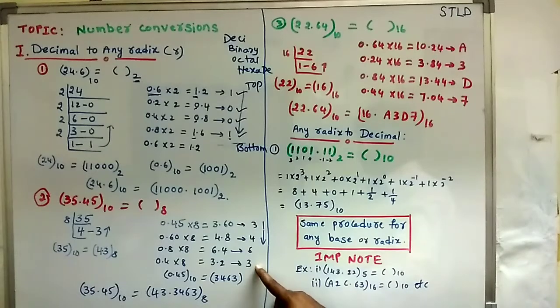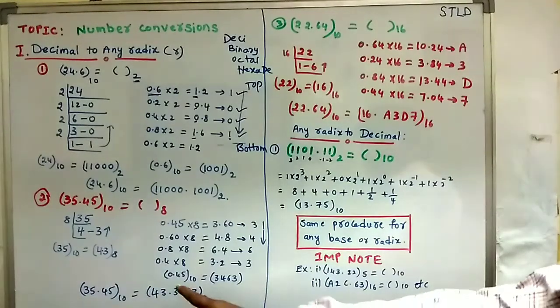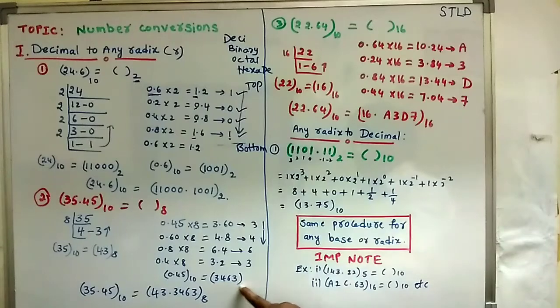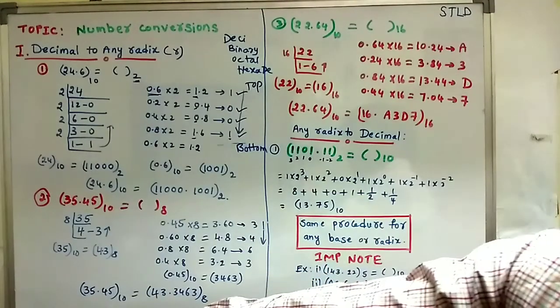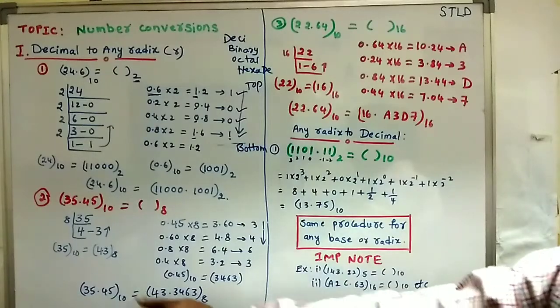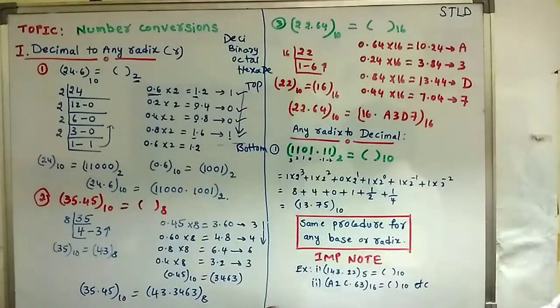You get 3 as the integer, 0.2 remainder. If it is not going to 0, you have to take up to 3 or 4 digits, that's enough. Then 0.45 base 10 is equal to 0.3463. Finally, 35.45 base 10 is equal to 43.3463 base 8. That is decimal to octal.